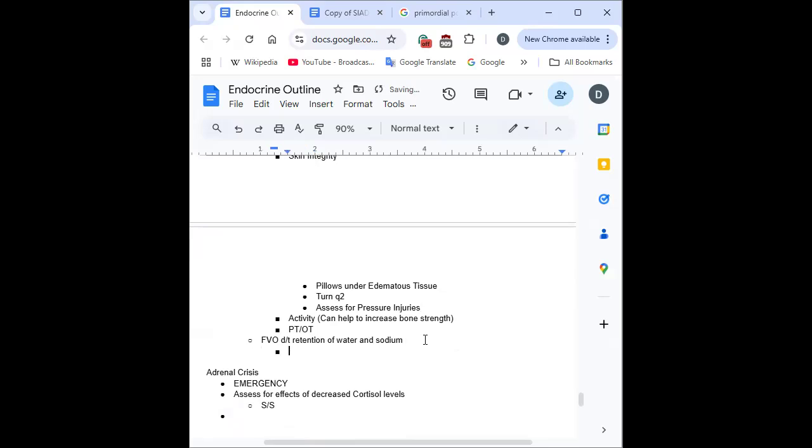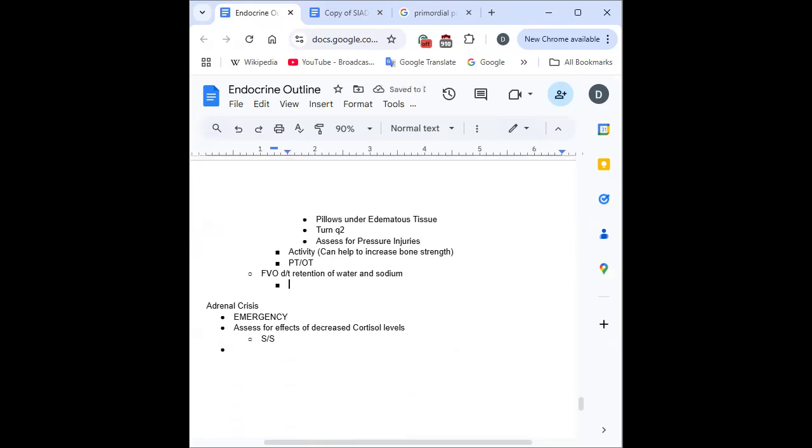And then for the FVO, what do we do for the FVO? Yeah, so we're going to do fluid and sodium restrictions.